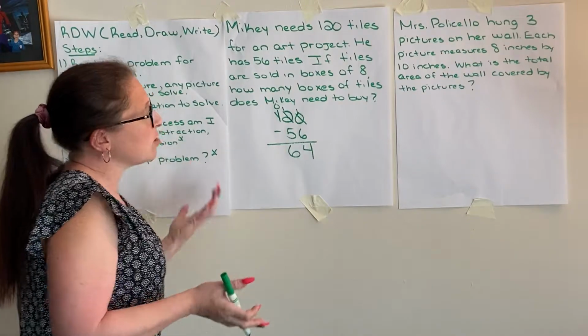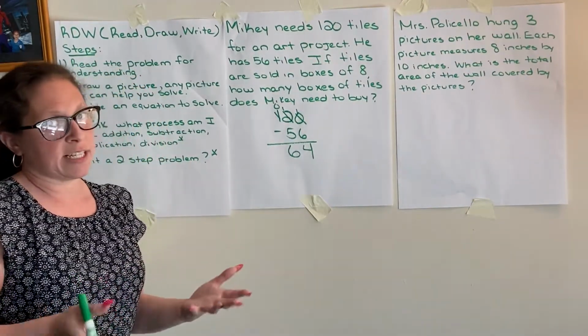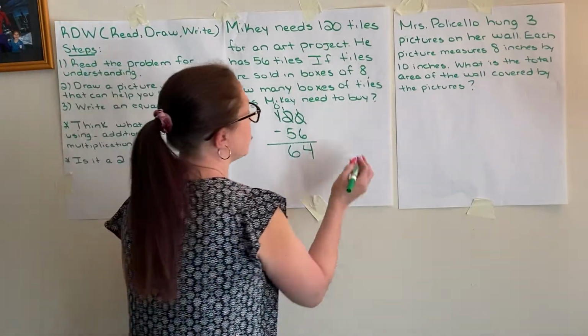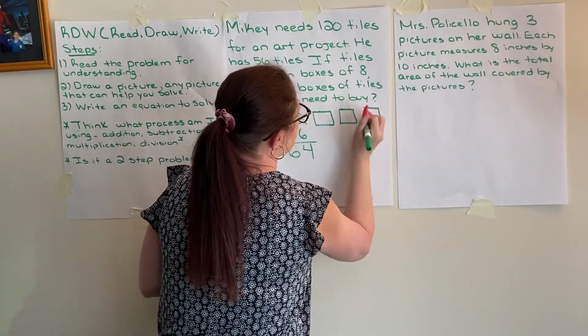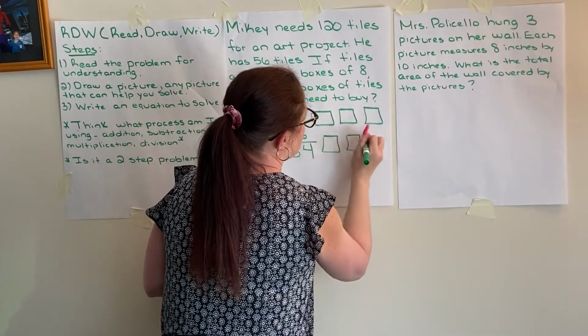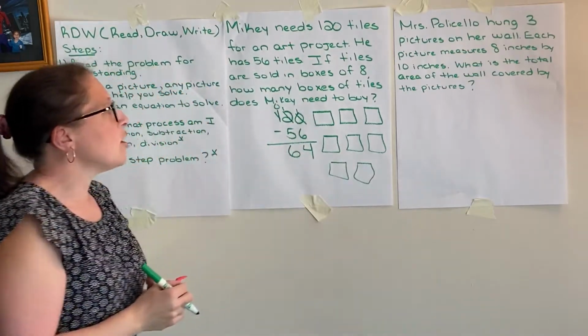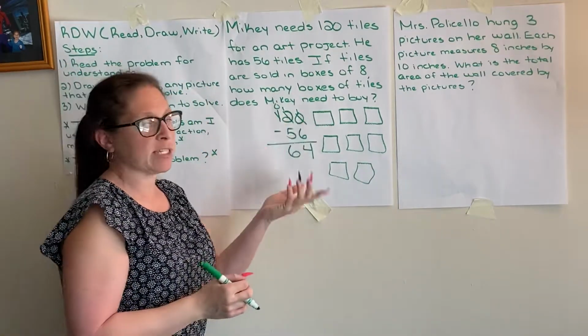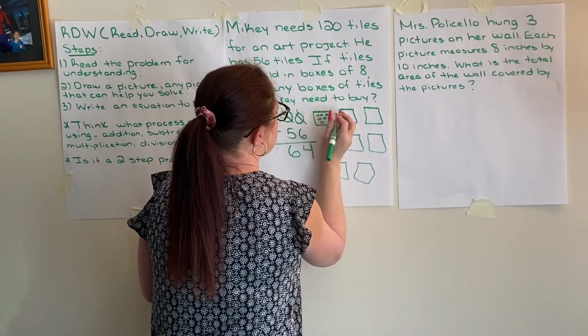Now we need to see how many of those 64 tiles can fit in 8 boxes. Now, yes, it's telling us we have to draw a picture, okay? But in this case, do we really want to draw 64 tiles? We could, or we could do this, okay? We can do 8 boxes. Okay, and let's see how many are going to fit in each of those 8 boxes to get to 64.